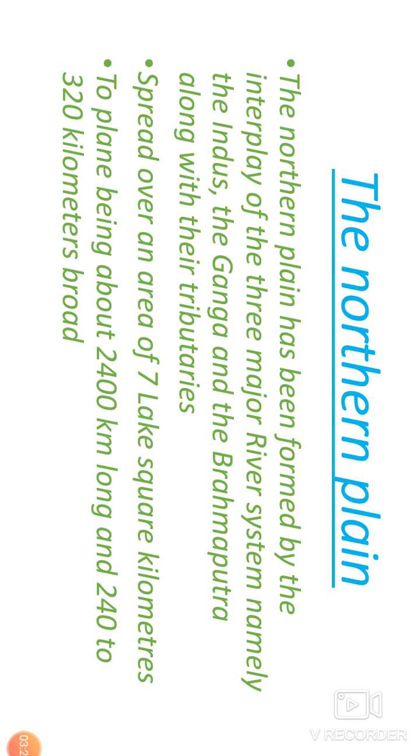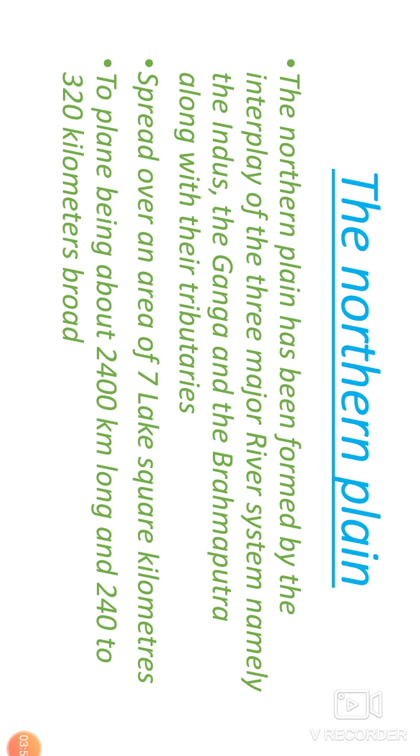Then see the northern plains. The northern plains have been formed by the interplay of three major river systems, namely the Indus, the Ganga, and the Brahmaputra, along with their tributaries. So they form the northern plains, the Great Plain of India.